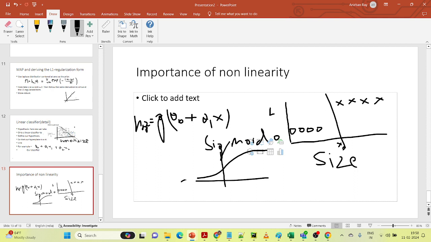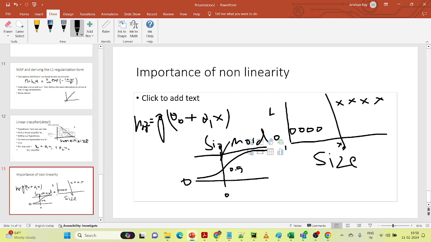As you can see, this is 0 and this is 1. If the x value is 0, you get 0.5 in the sigmoid.